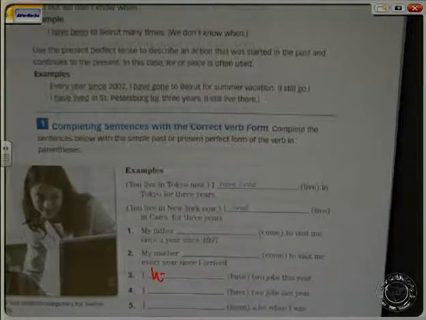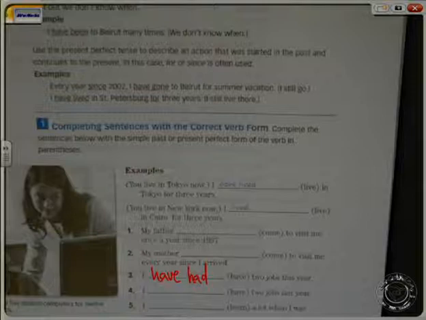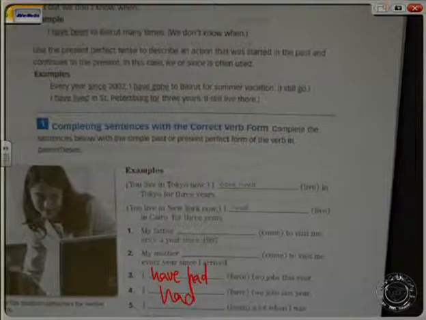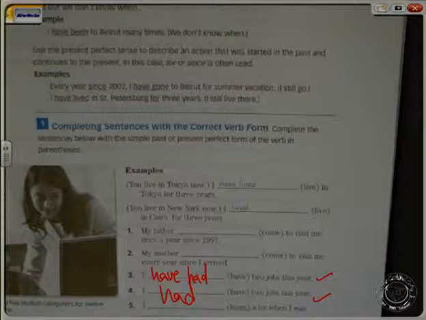I had 2 jobs last year. Why? Because this one is an ongoing thing. This one is complete. Okay?